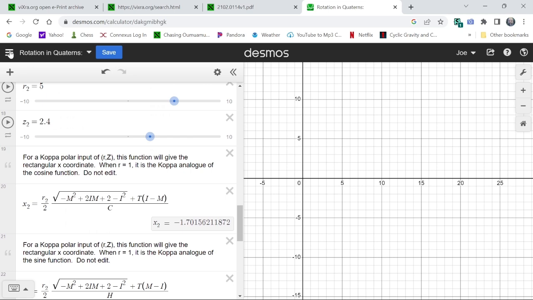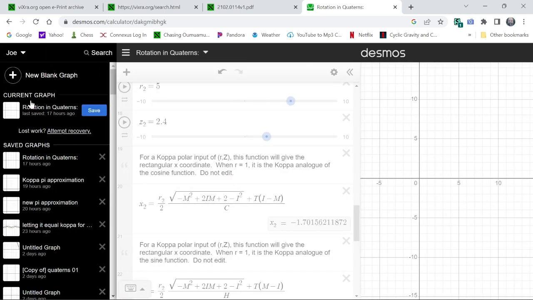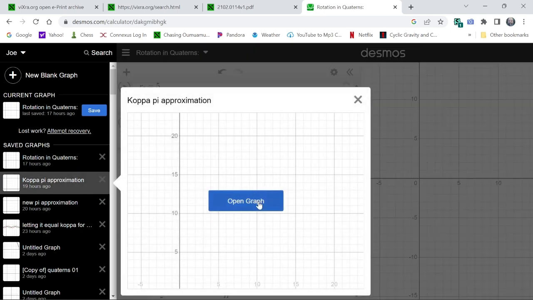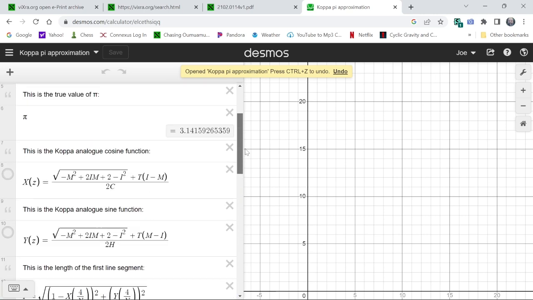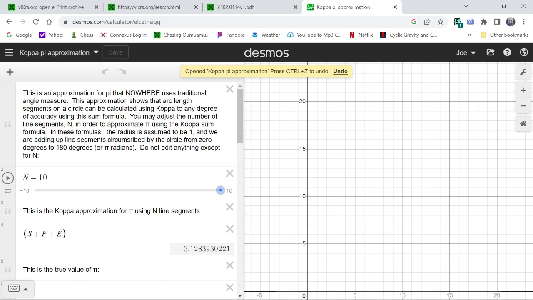Now, another site that I'm going to link to is to prove that quaterns can give exact values. And so I want to show you this kappa pi approximation.